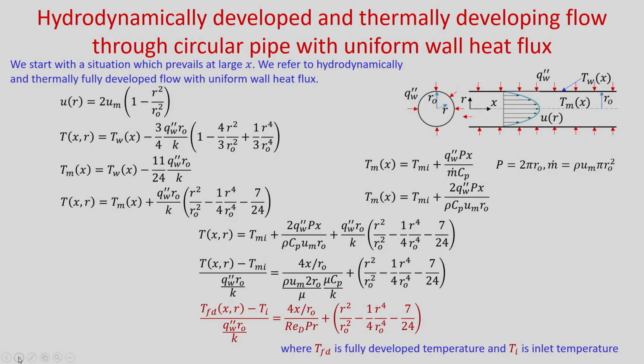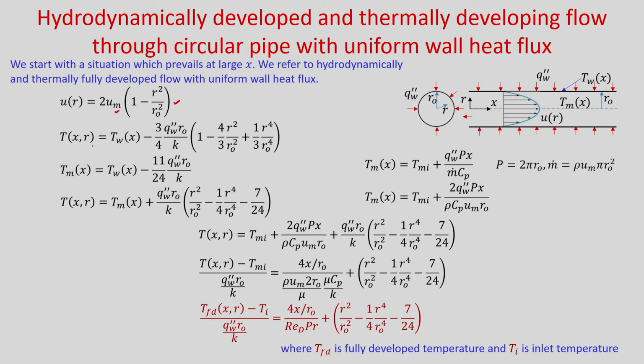Now, first let us consider hydrodynamically and thermally fully developed flow through a circular pipe with uniform wall heat flux boundary condition. Already we have studied it and you know the solutions; we will just represent them again here. The fully developed velocity profile is this one, where um is the mean velocity or average velocity.